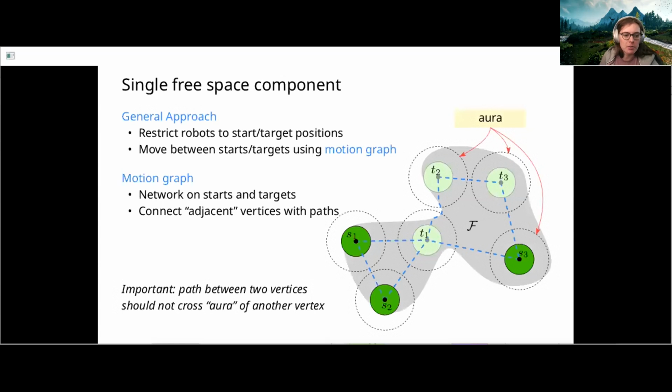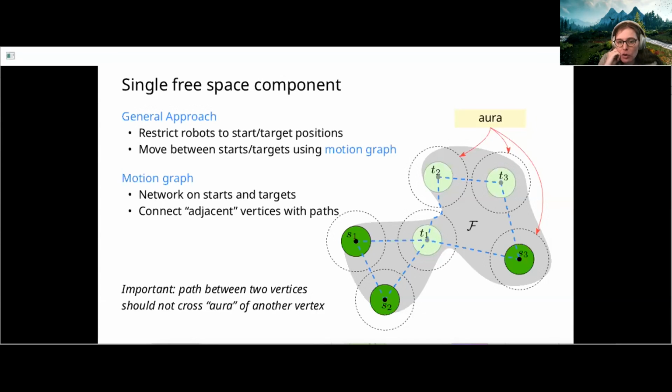Something important to note here is that we want the path between the two nodes to be unobstructed by other robots. And here we're going to define an aura of a robot, which is just the disk of radius 2 centered at the center of the robot.